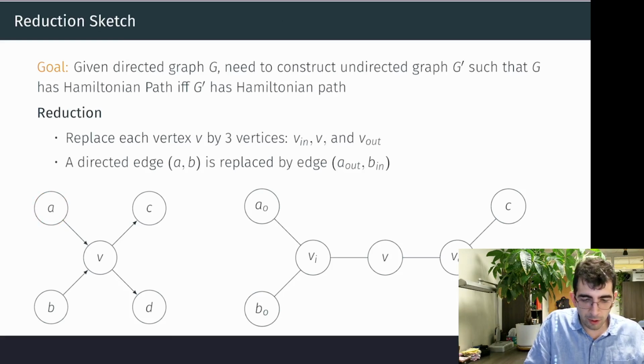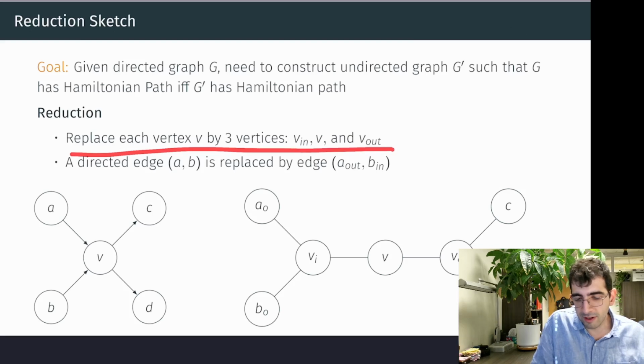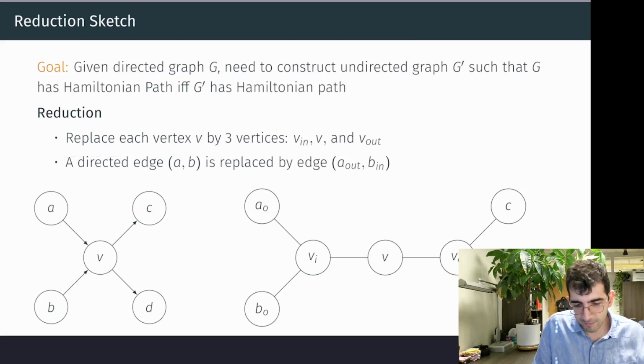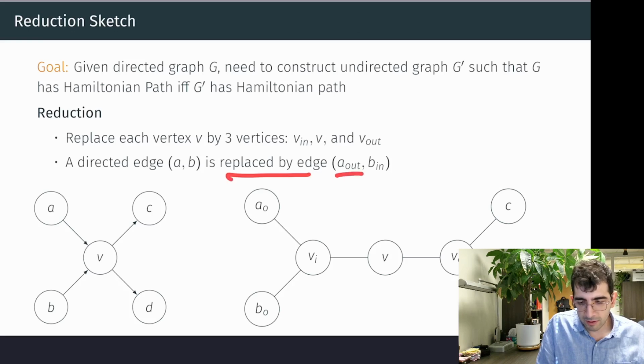Okay, so what if we broke every vertex up into 3 vertices here? And with these 3 vertices, this implies a direction. So every directed edge, AB, or in this case AV, is replaced by an edge A out to V in.